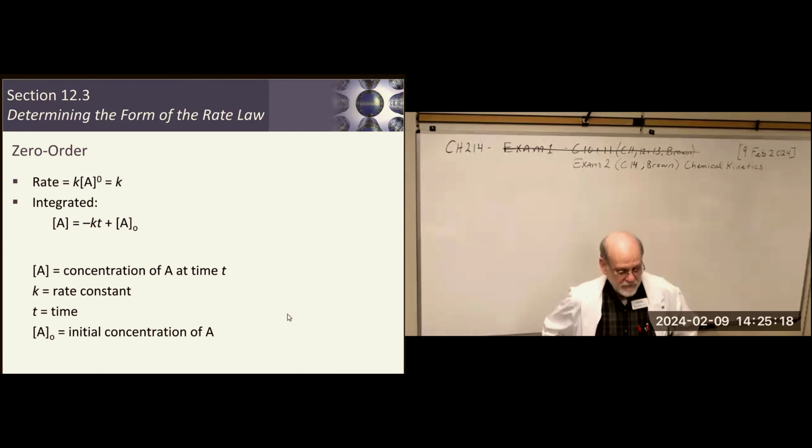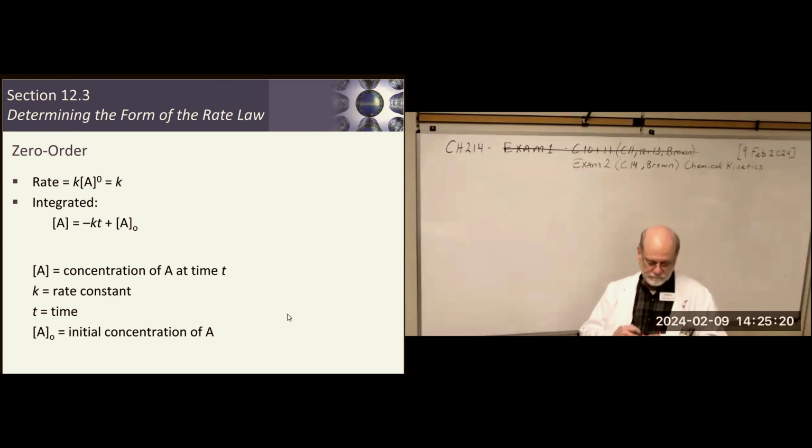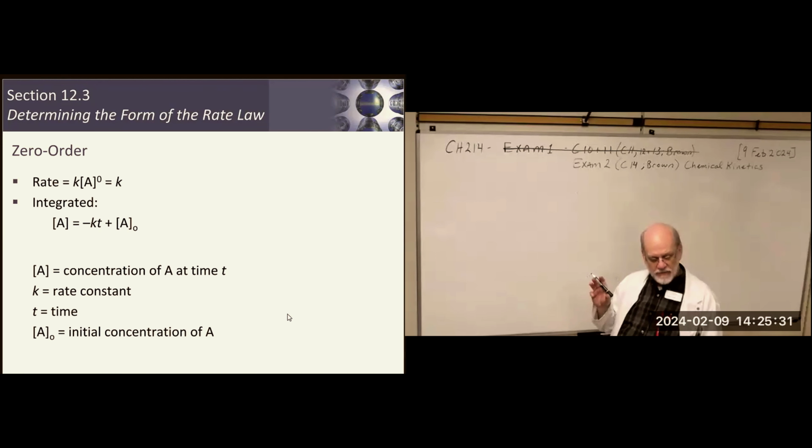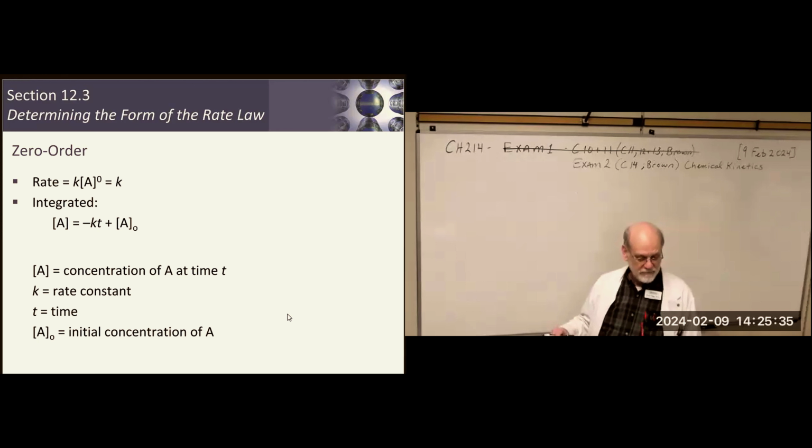So the key is, if we measure the rate of a reaction, and we find that the concentration of the reactant A doesn't matter. It's 0 order, all right? Anything to 0 is 1.